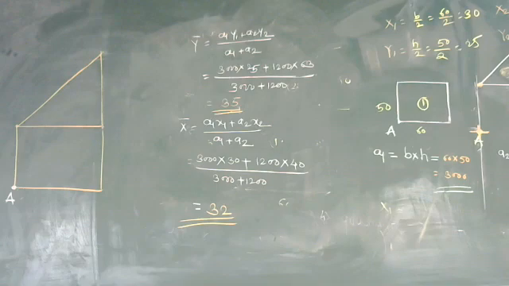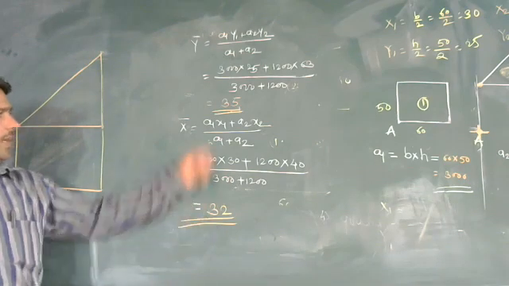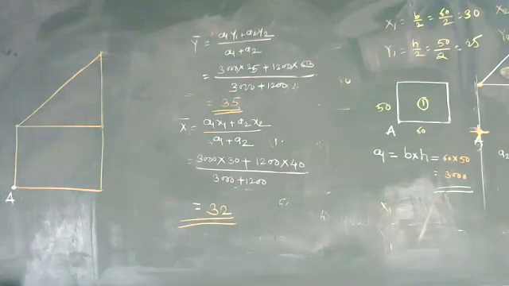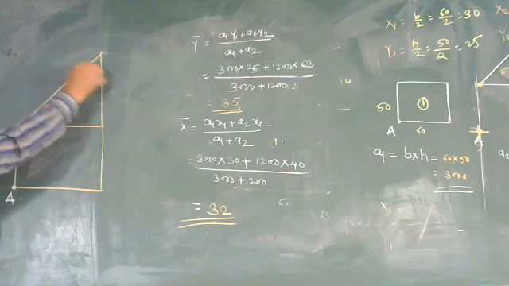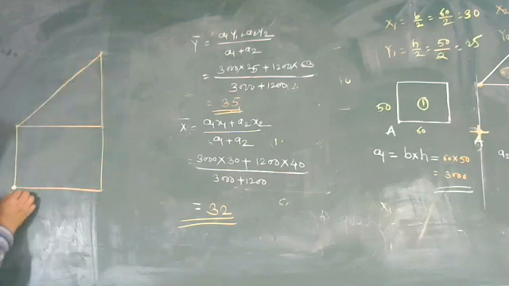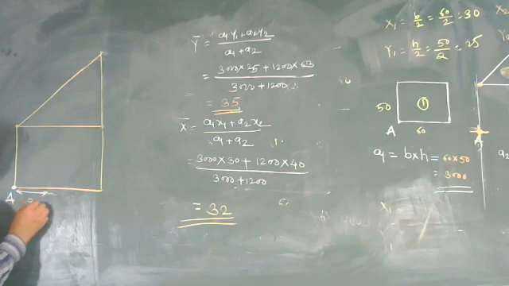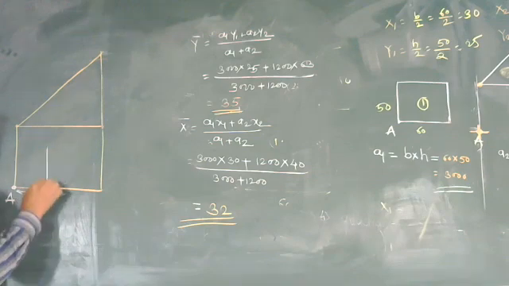Now everyone has received these two values, 32 and 35. Now I can say that from location A, the centroid of this plane is situated at 32 distance. This is the 32 horizontal distance and the vertical distance is 35.